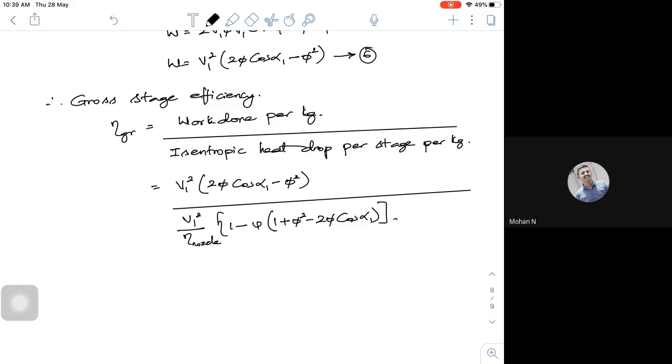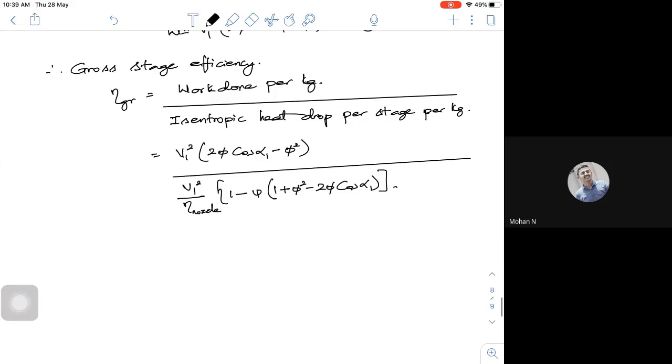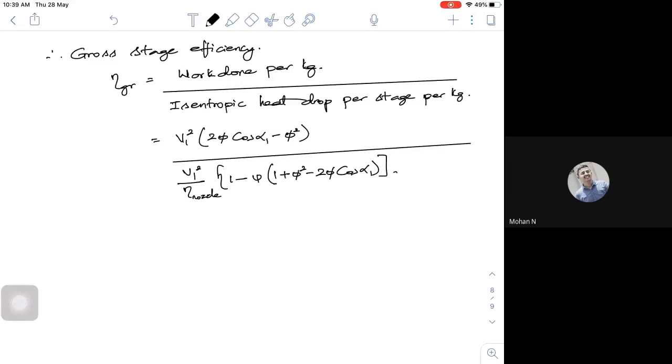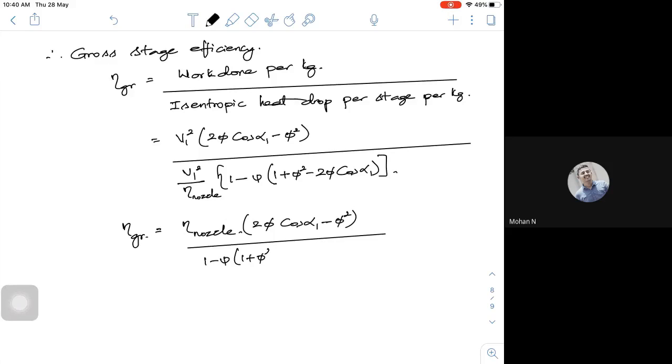Is it possible to further simplify it? Take the nozzle efficiency to the numerator, and V1 square cancels out. So the gross stage efficiency equals nozzle efficiency into 2 phi cos alpha 1 minus phi square, divided by 1 minus psi into 1 plus phi square minus 2 phi cos alpha 1.